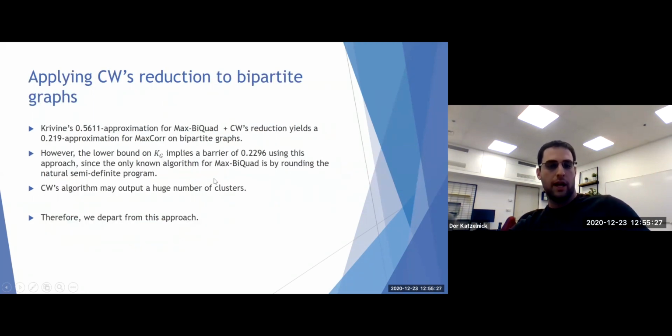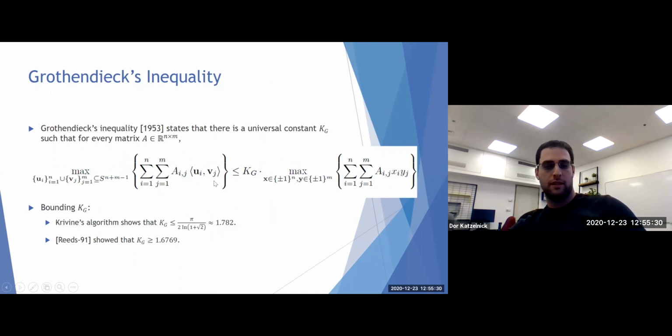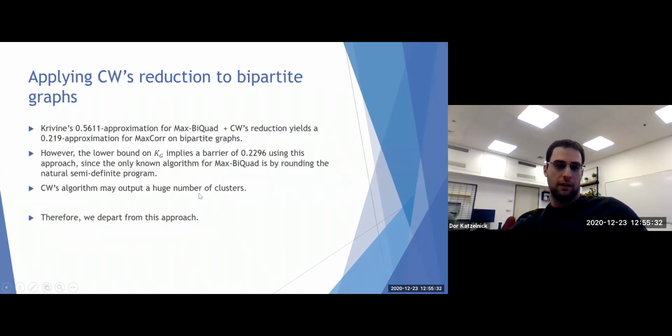If you plug in 1 over 1.6769 in the alpha over 2 plus alpha expression, you get a barrier of 0.2296. This tells us that if you use this reduction and try to solve max biquad by rounding this natural semi-definite relaxation, you cannot hope for a better approximation than this number. So we have a barrier that we cannot go beyond with this technique.